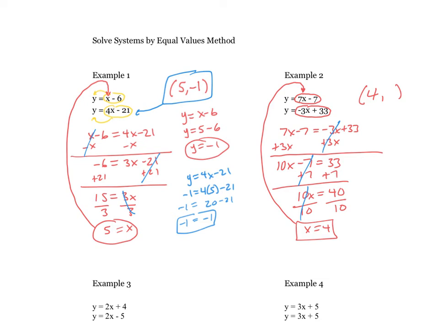So the equation would be y equals 7 times 4, and then subtract 7. 7 times 4 is 28, and 28 minus 7 is 21. So I just found out that my point of intersection for the y is 21. So (4, 21) is the solution to this system. That is the one point that works in both equations.